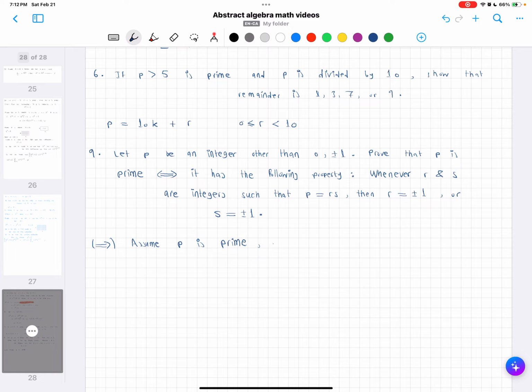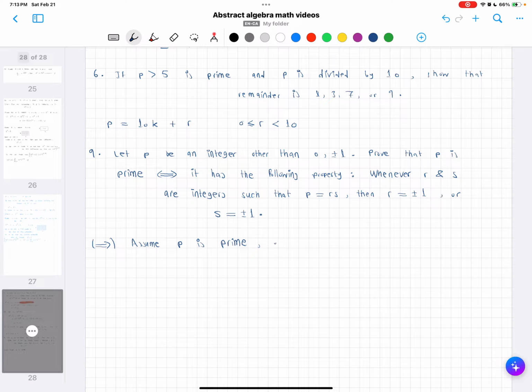So you could do it in multiple ways. You could do it directly. You could also invoke theorem 1.5. So let me do this directly, and I will, you can show using theorem 1.5, or I'll do both ways. Why not? So let me use theorem 1.5 first.